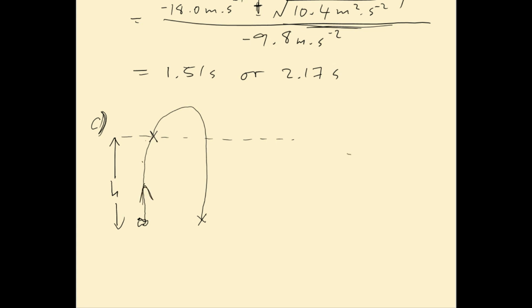Just to show that it's going up, going up, flat over here, going down, going down. It reaches that height on its upward trajectory at 1.51 seconds. Then it moves a little bit further, and then 2.17 seconds before it reaches here on the way down. So that is why you get two answers in that question.